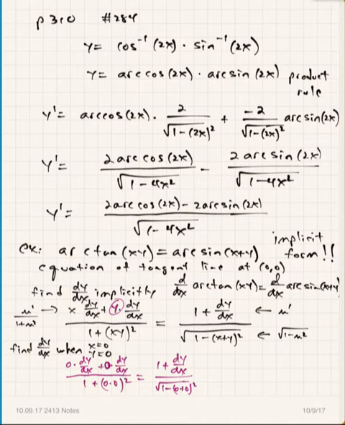And so that ends up giving you 0 on the left side of the equation. Yeah, I'm glad I noticed that. So you have 0 over 1 equals 1 plus dy dx over 1. And so you end up, when all said and done here, with dy dx being equal to negative 1.